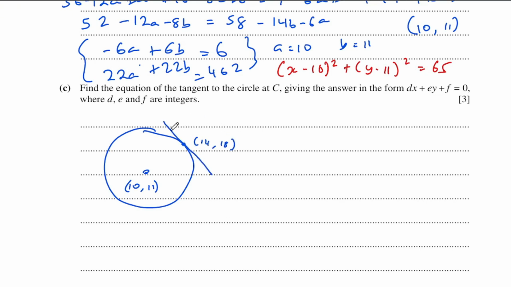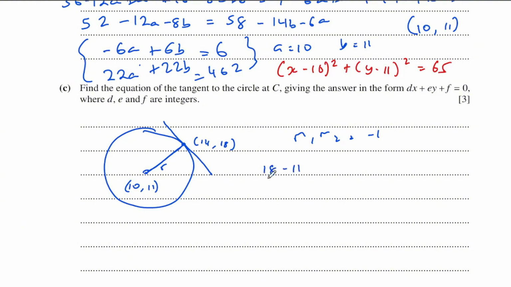Now, what do we know about the tangent? The tangent is just perpendicular to that radius, right? And we can use that to get the gradient of that tangent, because m1 m2 equals negative 1. So if we find the gradient of the radius, we can just use this formula to find the gradient of that tangent line. So let's find the gradient of the radius.